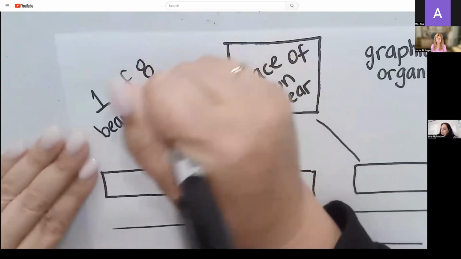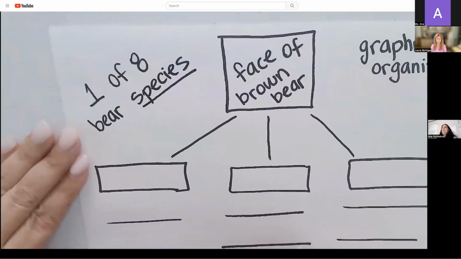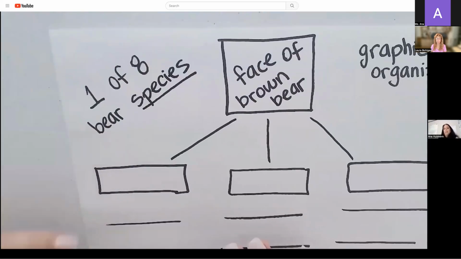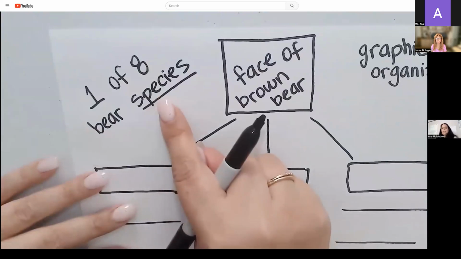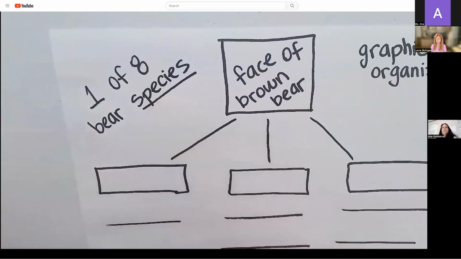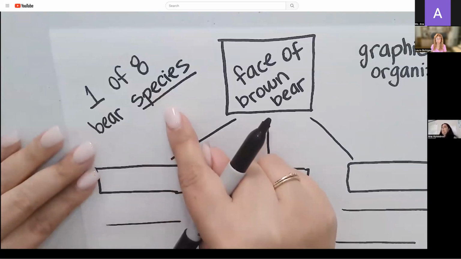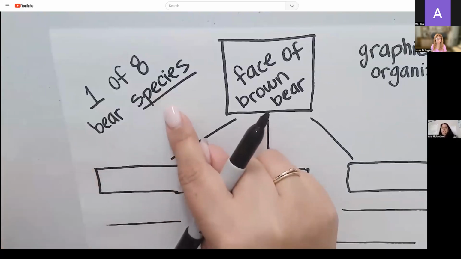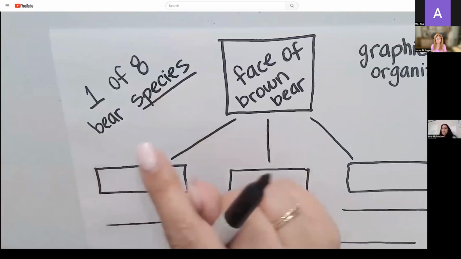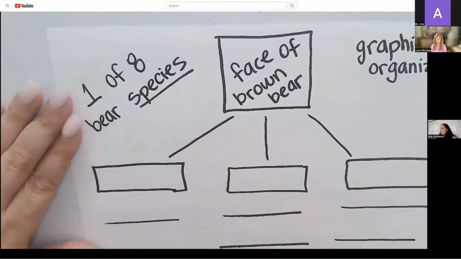When you see the word species, it means something kind of the same family, but they're a little different. Dogs have different species. There's different types of them, right? Dogs have Dalmatians and pit bulls and Chihuahuas. Bears have different species as well.